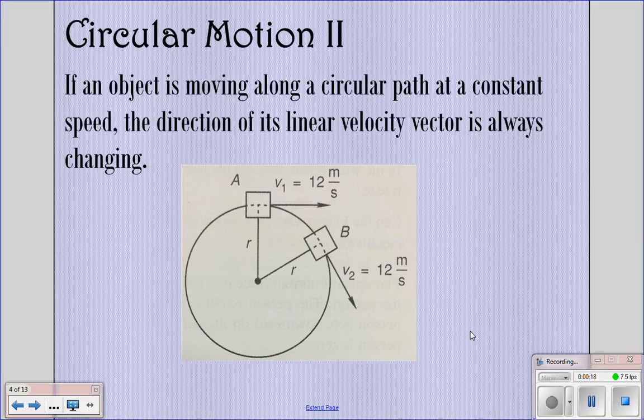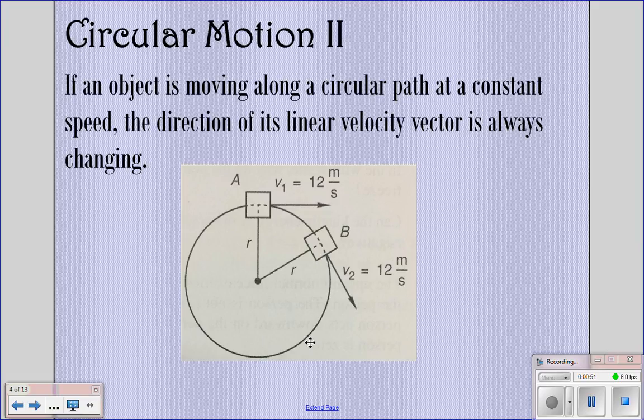If you have an object that's moving along a circular path at a constant speed, the direction of the linear velocity vector is always going to be changing. We have a constant speed as we're moving along our circle, but the vector velocity is always changing because it's changing direction.